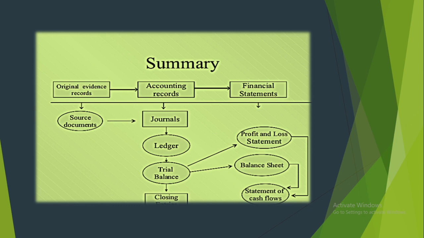So the first aspect is the original evidence record. It is always related to the source document, the basic transaction. The other aspect is the accounting record, because on the basis of the source document we have to get ready for the accounting record.